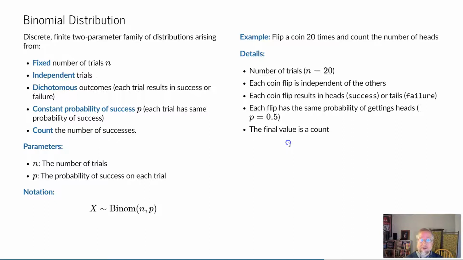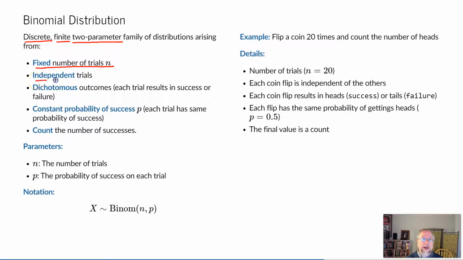Okay, so now we have all of the mathematical review in place. A binomial distribution is discrete, takes on very specific values, and it's finite. It has 2 parameters. So what are those parameters? A number of trials, n, that's fixed.